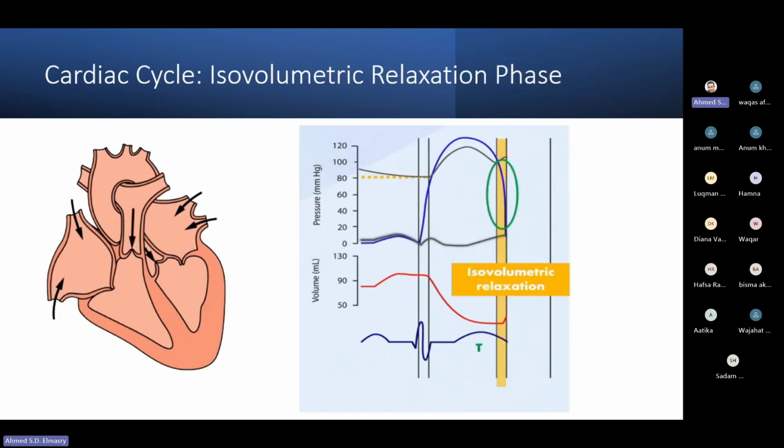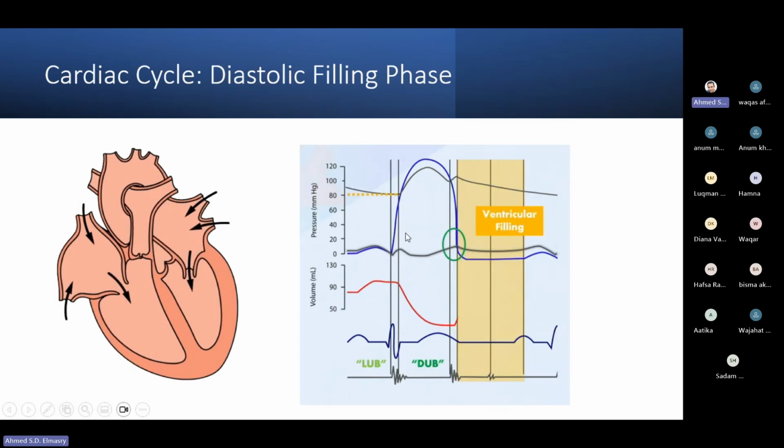And at the end of the isovolumetric relaxation phase, the mitral valve will start opening. And when the mitral valve opens, the blood inside the left atrium will be directed to the left ventricle in order to fill the left ventricle with blood during the diastolic phase.